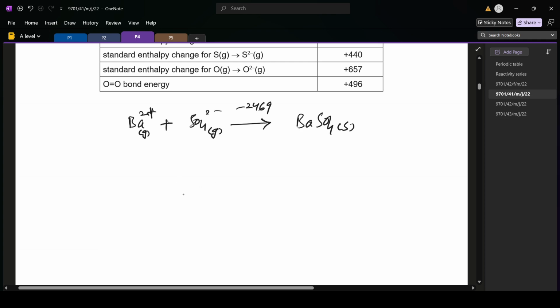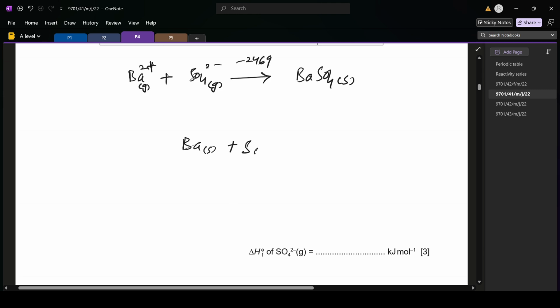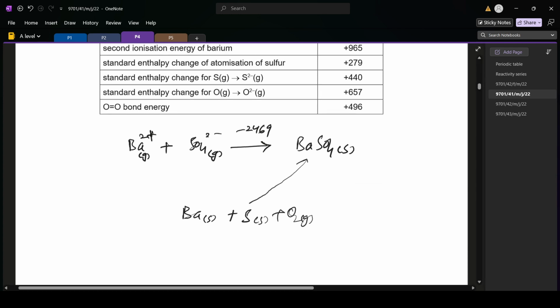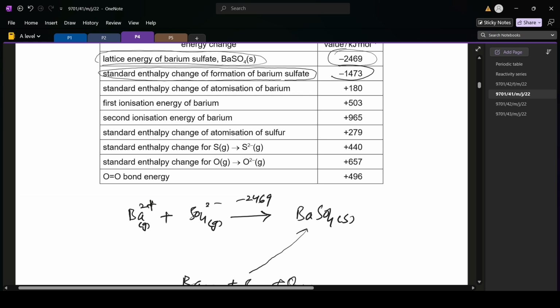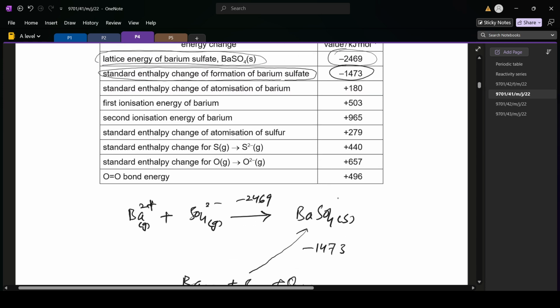In the standard state, barium is solid, sulfur is also solid, plus oxygen, which is a gas. These elements form barium sulfate, and this is the enthalpy change of formation of barium sulfate. It has a value of negative 1473.